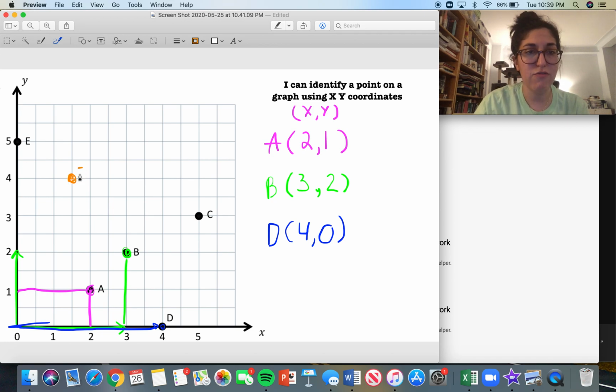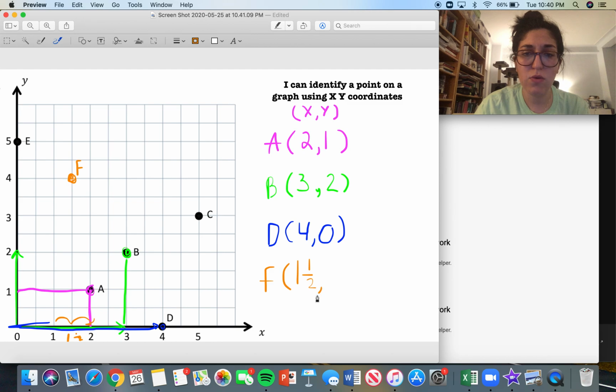So let's call this one F. It's not quite at 1, right? On the x coordinate, it's not at 1. It's not at 2. It's exactly halfway between 1 and 2. It's here. So that would be 1 and a half. So my x coordinate here would be 1 and a half.